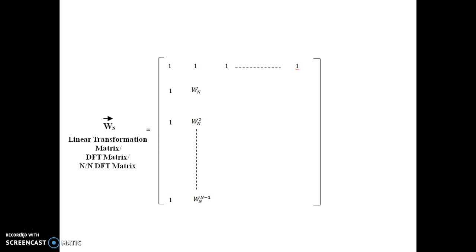This is the generalized formula, where the first row is 1 1 1 up to 1, then 1 WN W2N up to WN minus 1 N, then W2N up to WN minus 1 to N, and similarly the next line W4N, W2 into N minus 1 to N, and on the right side W2N minus 1 N, and this up to WN into WN minus 1 into N minus 1, that is WN minus 1 square N.